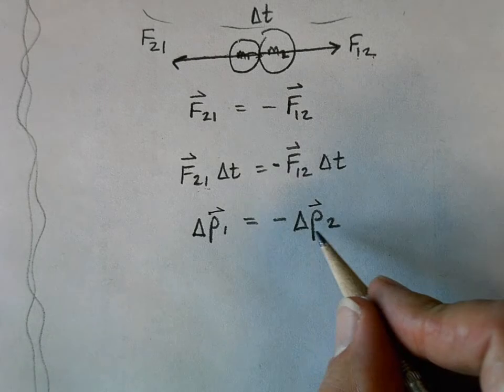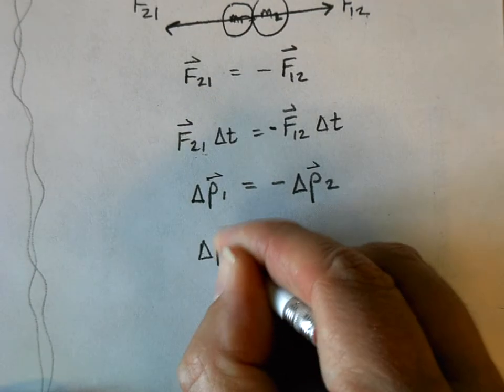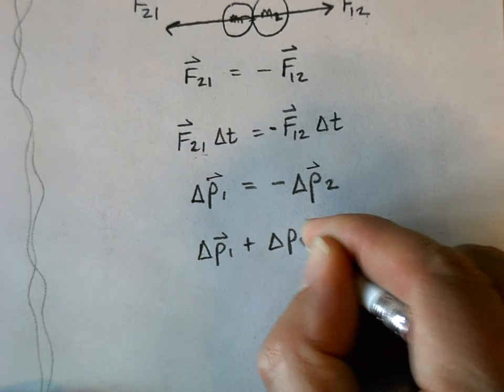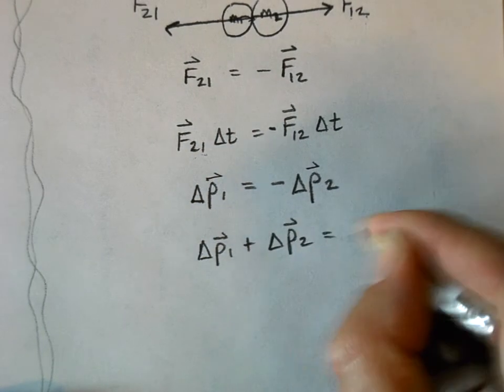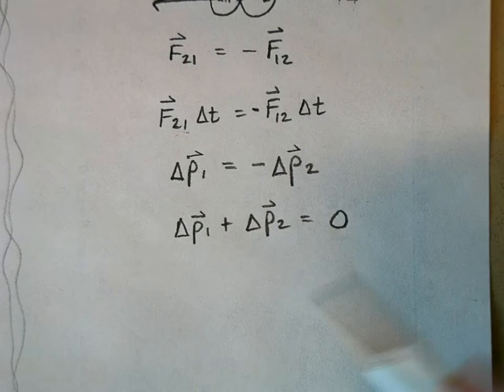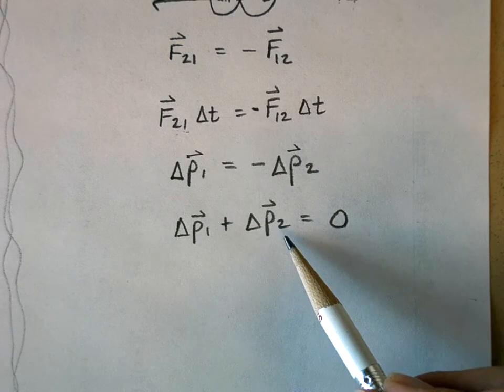Well, what does this mean? Let's put everything on one side. So delta P1 plus delta P2 equals 0. This is profound. This means that when I add the changes in momentum, I get 0.